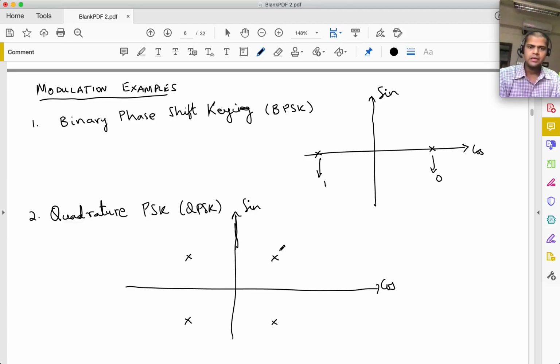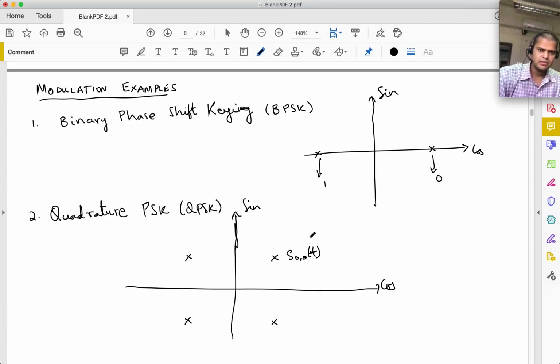Now since I could send 4 signals, let me number them. Let's call this S00. And I can assign 2 bits to each signal because I have 4 signals. So I can actually send 2 bits of information with each signal that I'm sending out.